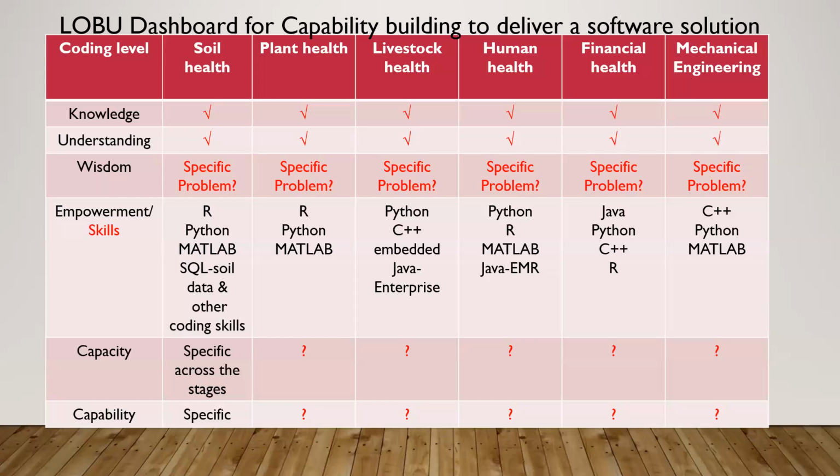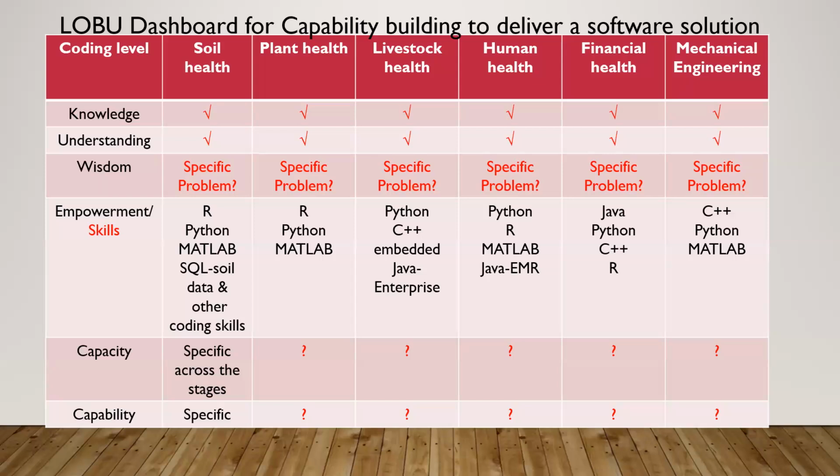Now in this dashboard, it really shows you that although we are using coding in agriculture, it can be coding in soil health, like I've been emphasizing in my examples. It can be in plant health, livestock health, human health, financial health, mechanical engineering.